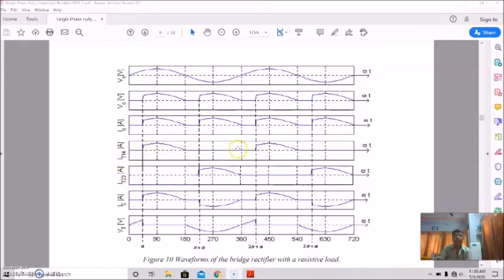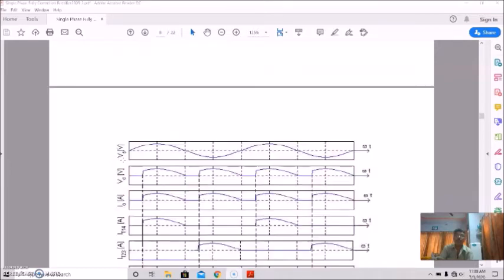This is for the positive half, and through the negative half of the supply voltage, thyristors 2 and 3 will conduct. Here this is the firing angle, and this is again another one for the next positive half.